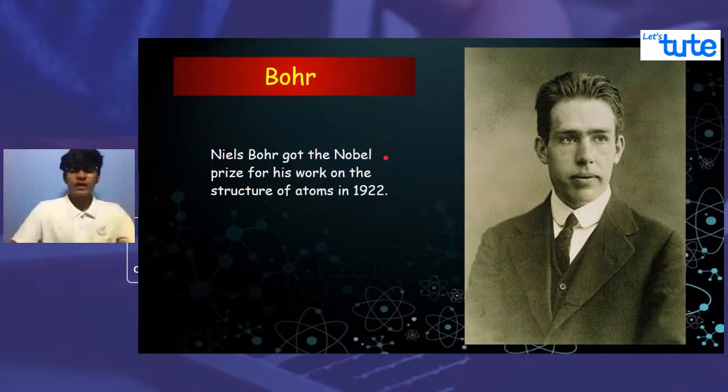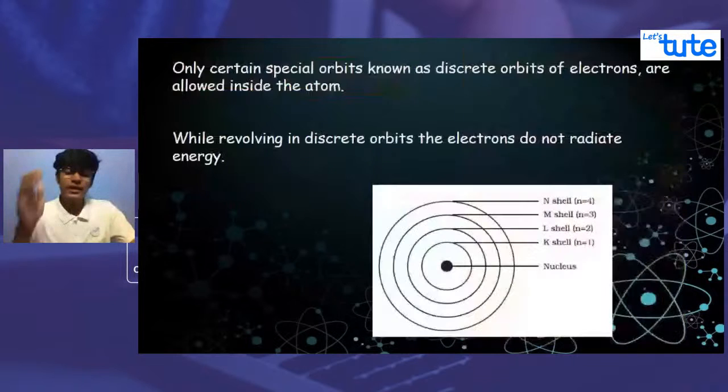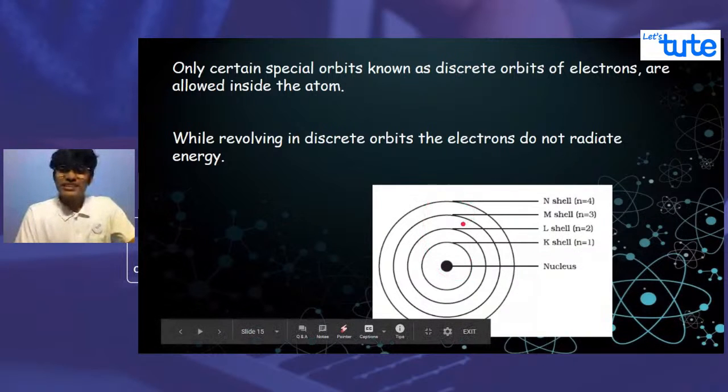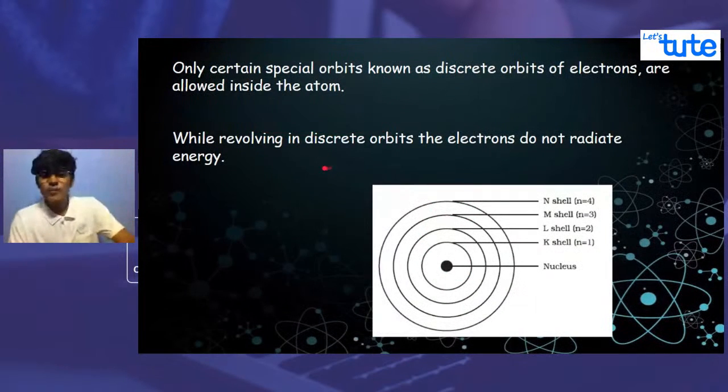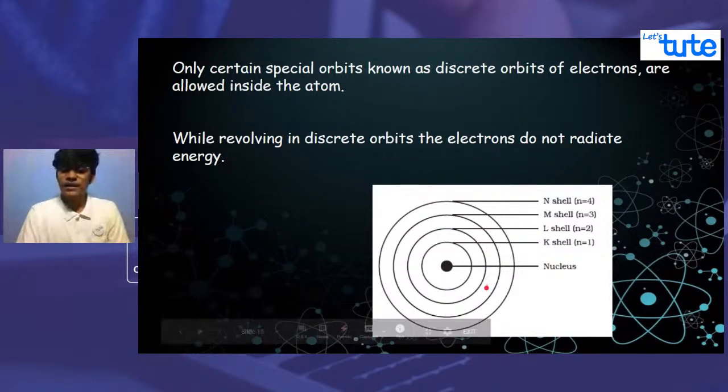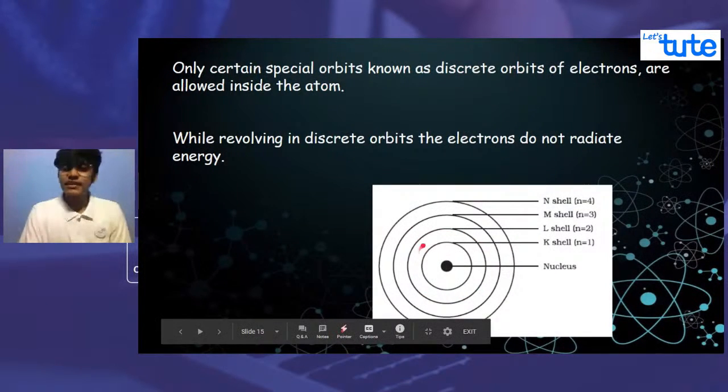Niels Bohr was the one to suggest that the electrons are actually revolving in discrete orbits. What are these discrete orbits? These discrete orbits have a special characteristic: if electrons are revolving in these discrete orbits, they won't radiate energy.